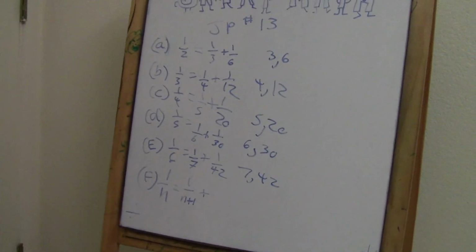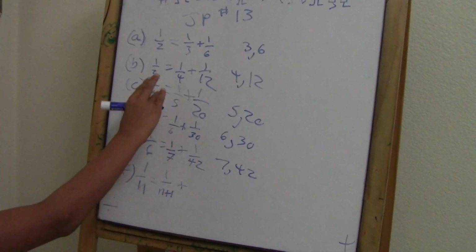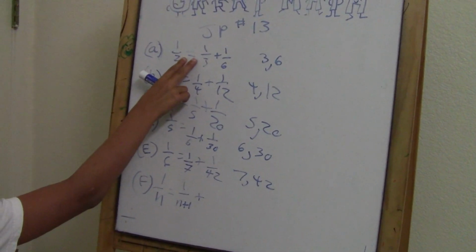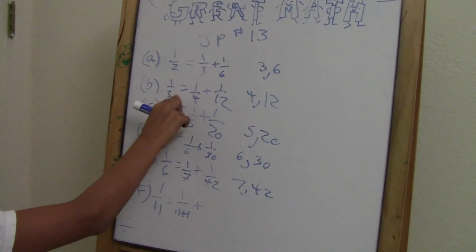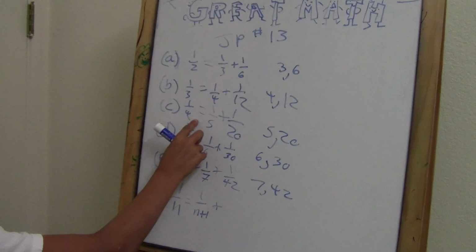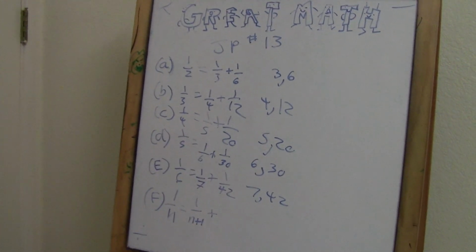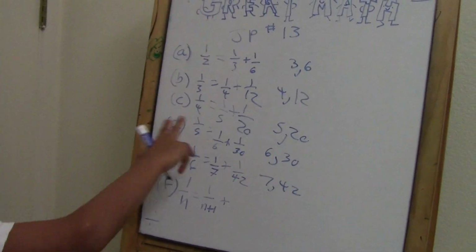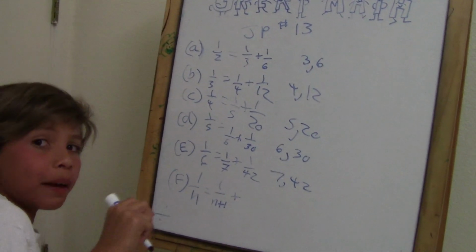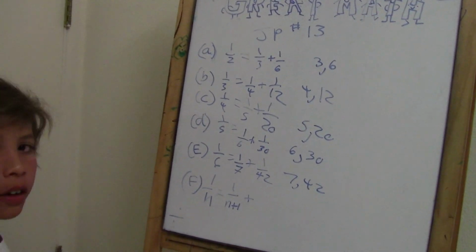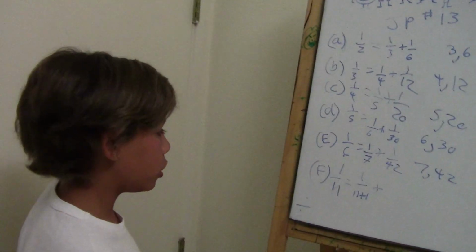And as you can see here, the next ones are basically the 2 numbers multiplied to make the next number. 3 times 4, 12. 4 times 5, 20. That's interesting. So we kind of see a pattern here. That just might help us find the rest of the very hard question.